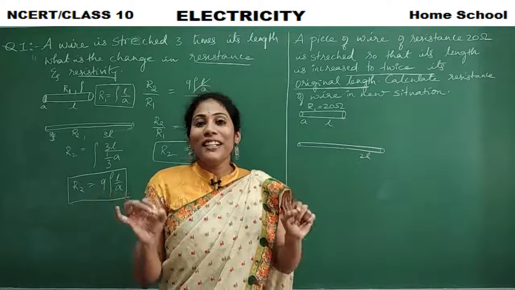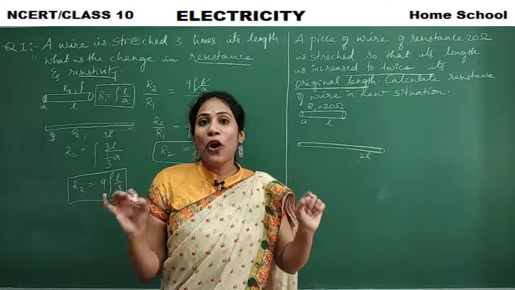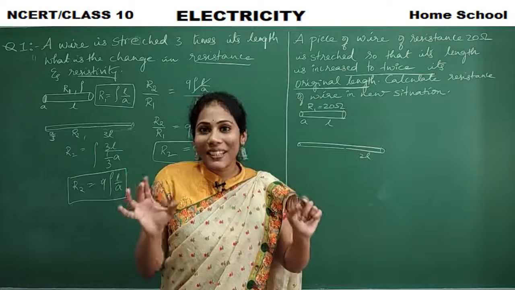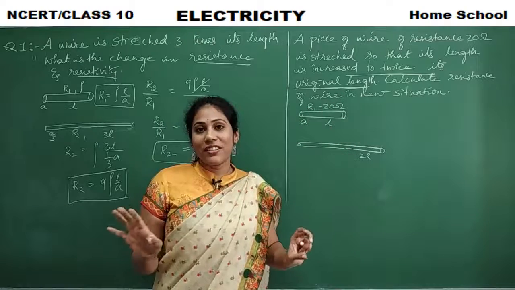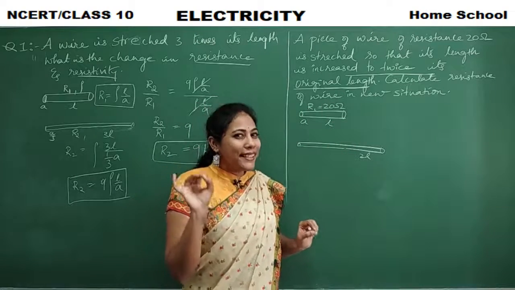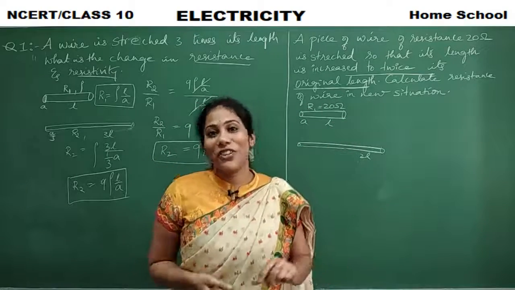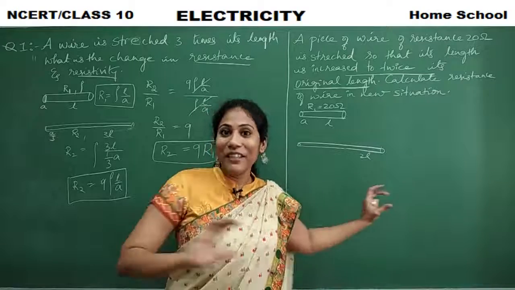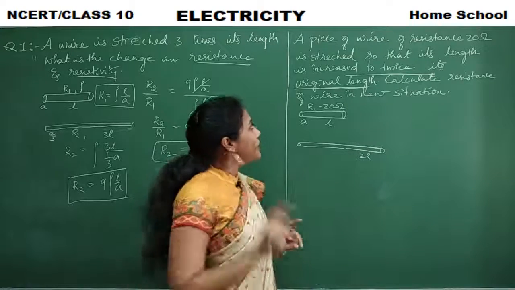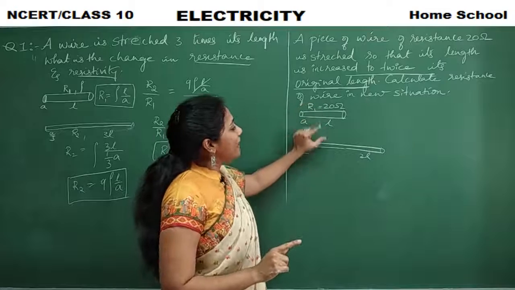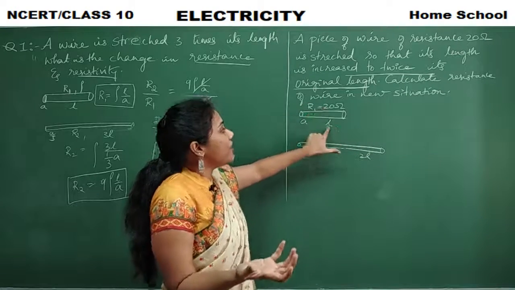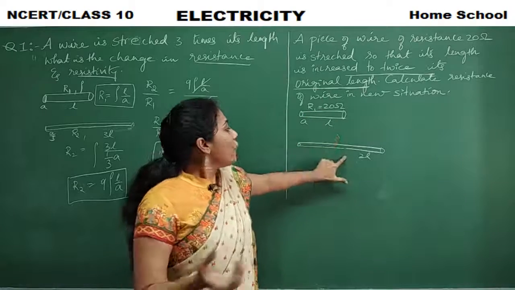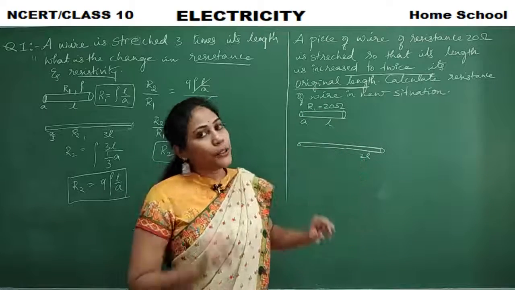If you do not understand English well, sometimes you would be confused with such questions, right? So you should be a little familiar with the language in dealing with such questions. So definitely, if the length of the original wire was L, the length of the new wire is 2L.